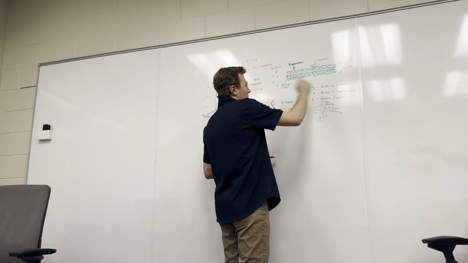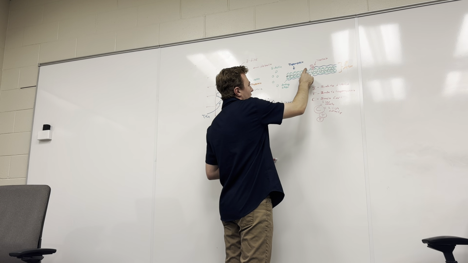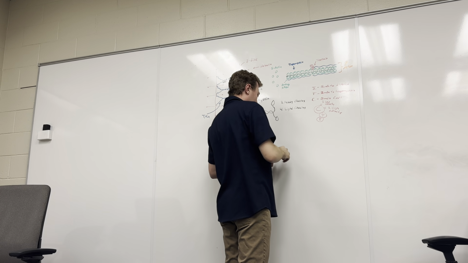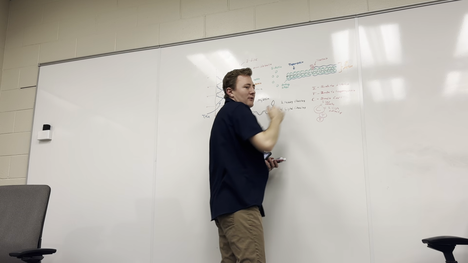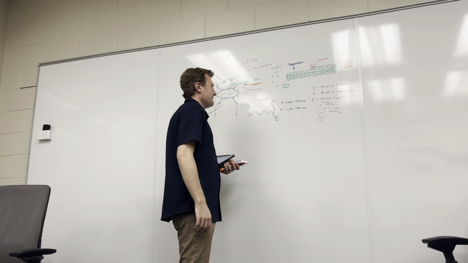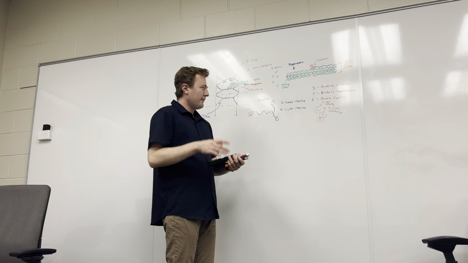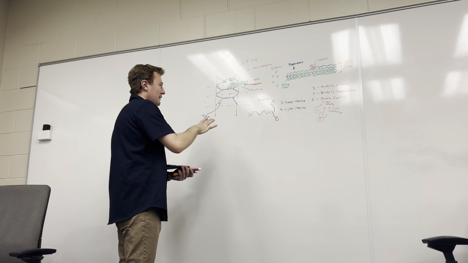So its job is, once calcium is bound, it removes that tropomyosin. It moves it up and out of the way so that actin can bind to our myosin. All right, so that's that.